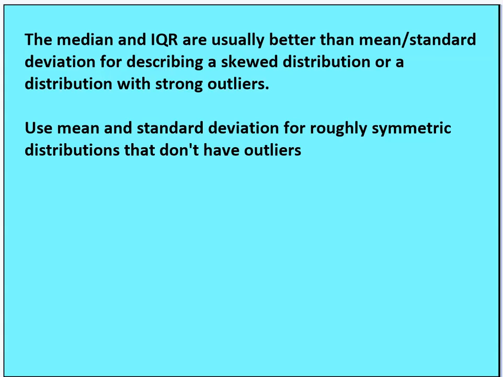If the distribution is roughly symmetric, then we're going to use the mean and standard deviation. And again, outliers will skew the data. So if there are strong outliers, then we want to move that analysis to median and IQR, which doesn't mean that mean and standard deviation cannot be a useful tool, but it might not be our first choice.